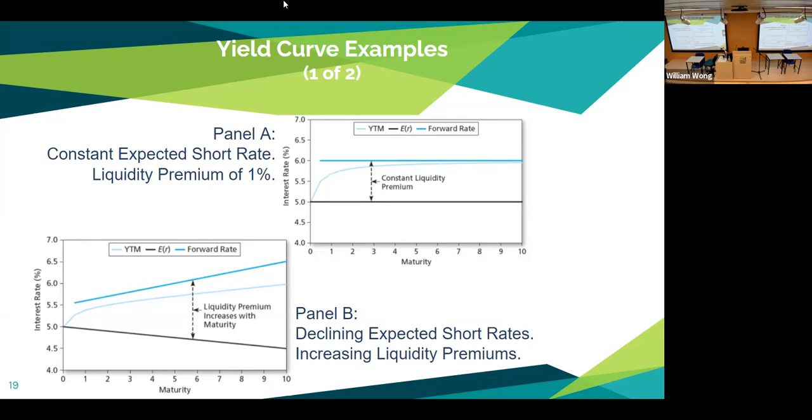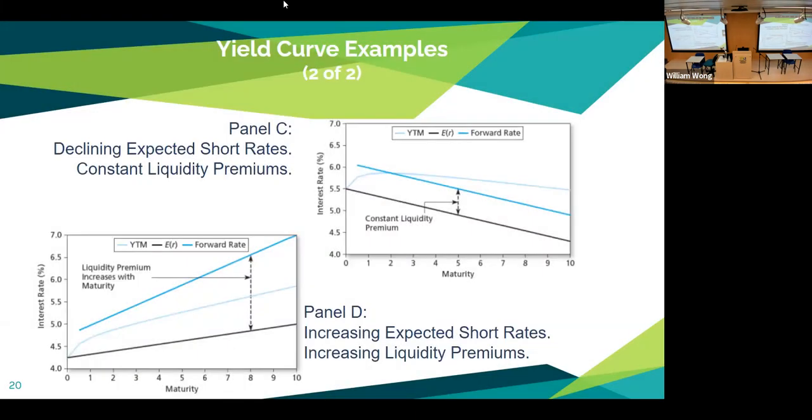This one is a flat yield curve. And then again, with the two theories, if the short-term expectation is dropping and the liquidity premium is decreasing, then you have a downward sloping yield curve.